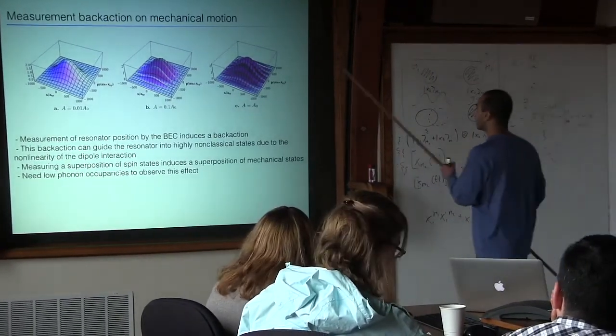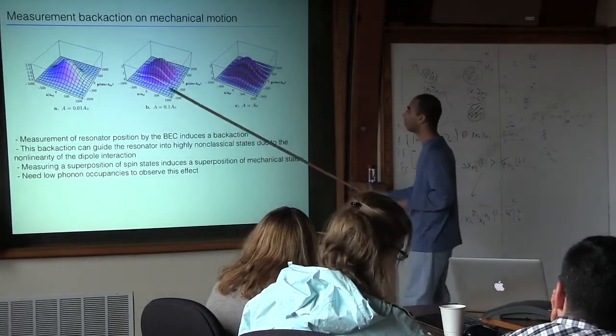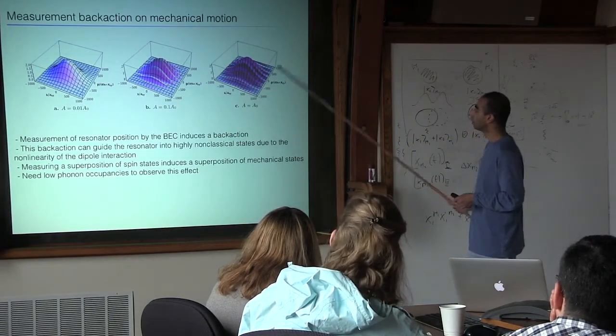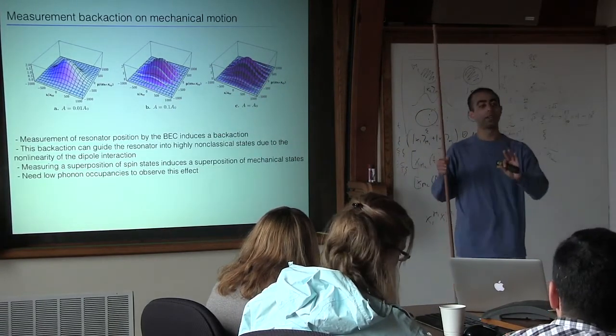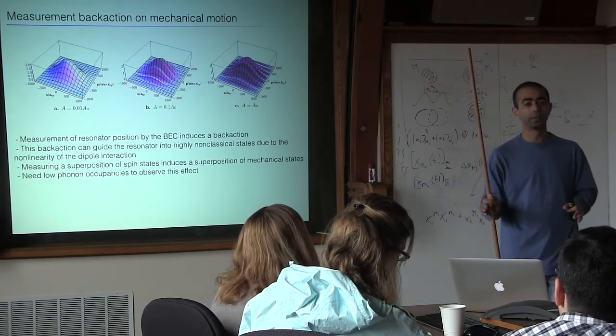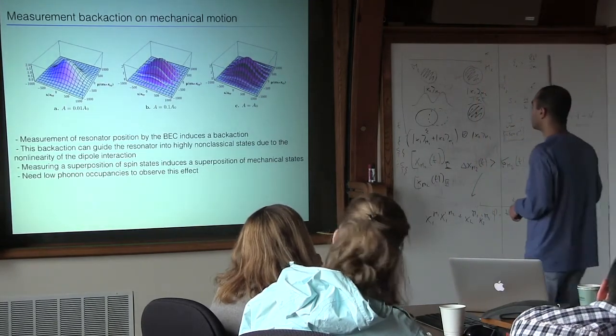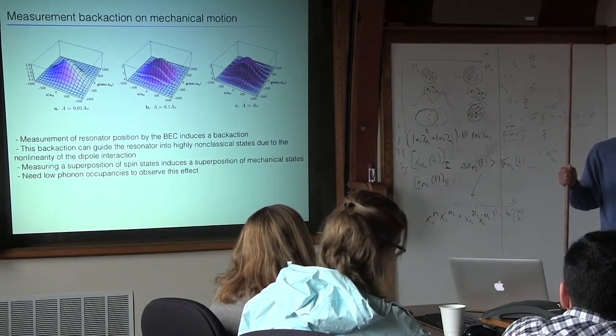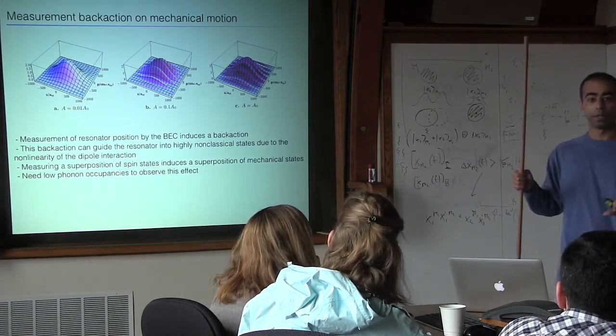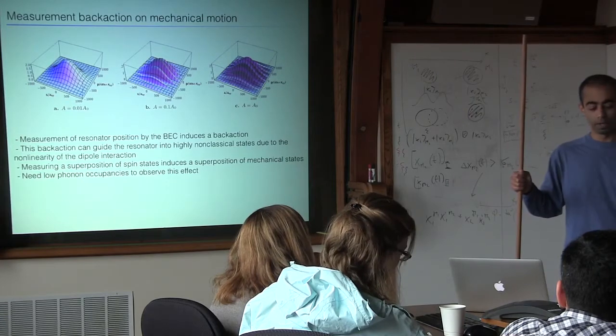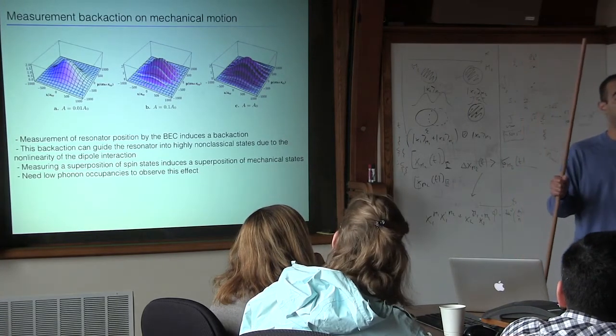So you start out with a very nice Gaussian state, and as you measure stronger and stronger, you can actually coax the resonator into some highly non-classical states purely through measurement back action, which is very fascinating to me, that in a sense you can imprint quantum mechanics by using the auxiliary quantum system to measure the properties of something that's massive.